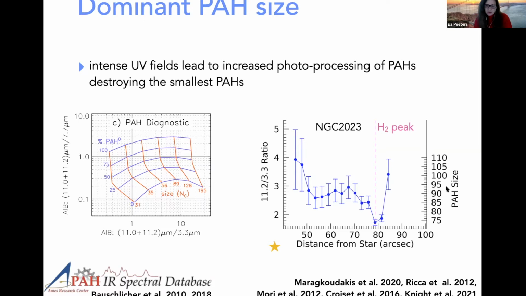And so you can then connect through these diagnostic diagrams with PAH size. The reason why we take 11.2 and 3.3 is that they're believed to both come from neutral PAHs. They're also separated by a very long wavelength range, which means they're sensitive to the excitation temperature of the PAHs.